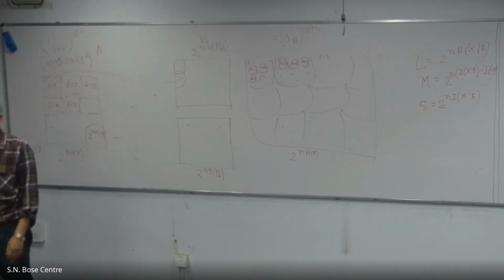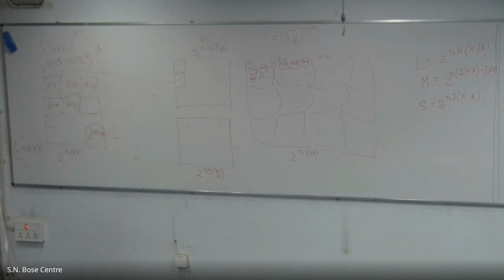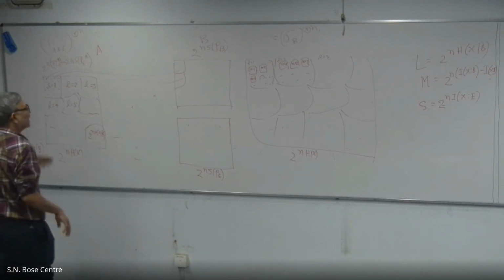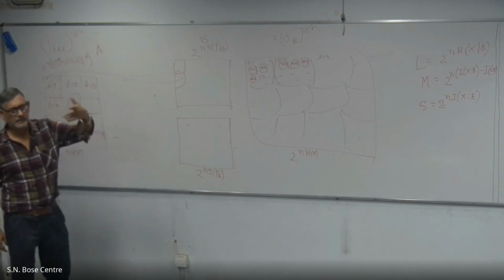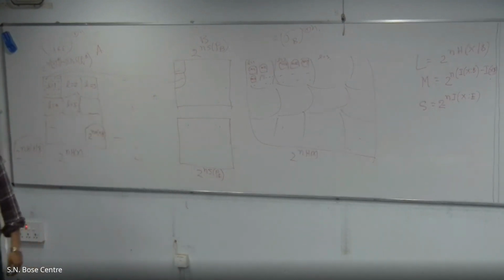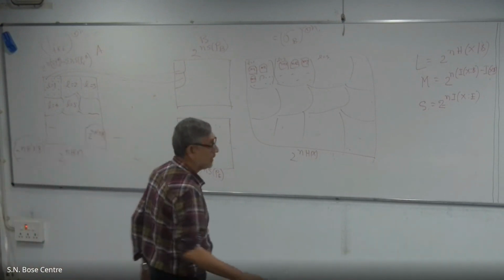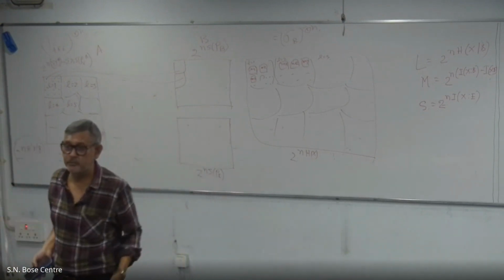So one thing Alice has to communicate, and second thing they have to sacrifice. After sacrificing, the rate actually coincides with this formula. But the actual result is much more powerful.